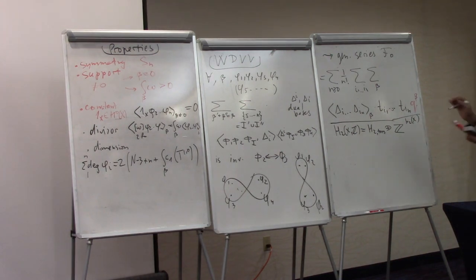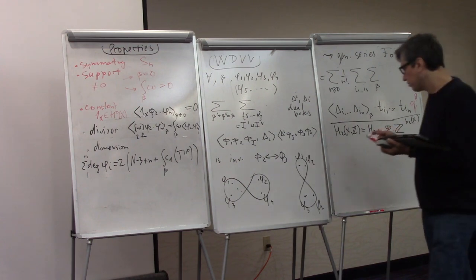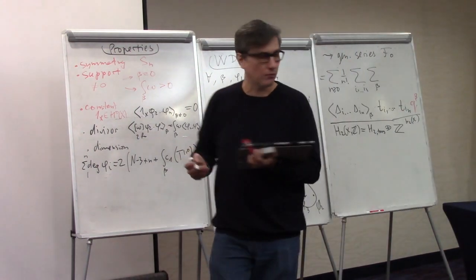And when I consider the group ring of this group, it will be the group ring of a finite group and series in several variables. And for a finite group, what you should do is Fourier transform.